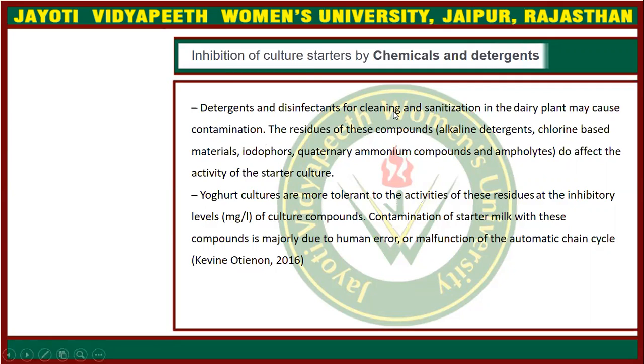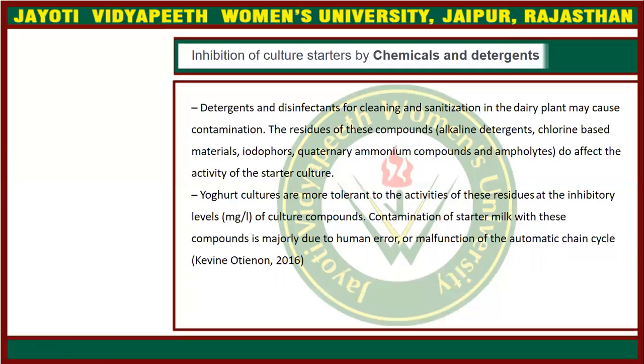They will disturb the fermentation process because when they are present in the dairy plant, they can inhibit the growth of microbes, because they are detergents and disinfectants. They can inhibit the growth of microbes involved in the fermentation, the growth of cultures.